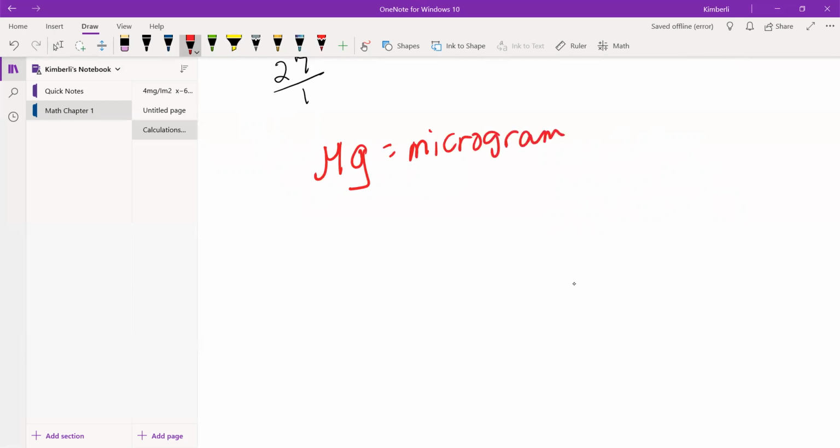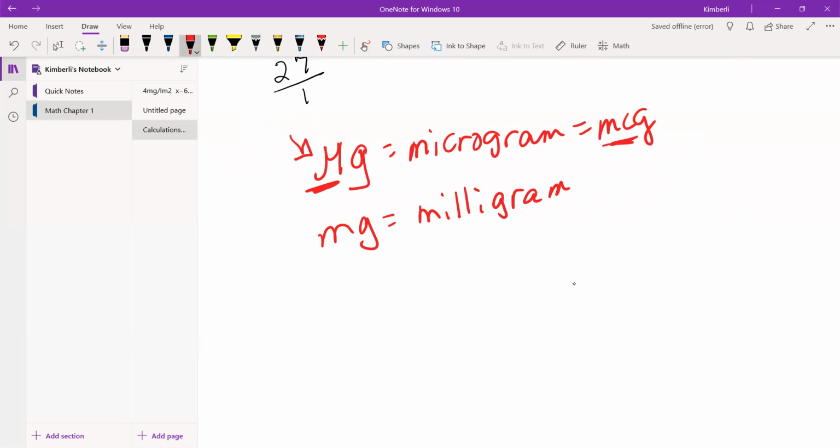Now, to me, that looks so much like this that I never use this little symbol here. I always write MCG for micrograms because you can see the C a little bit easier than you can that this thing is not really an M, it's a micro symbol. So I don't like that symbol, and I'm going to tell you guys don't use it, okay? We want to use the MCG instead.